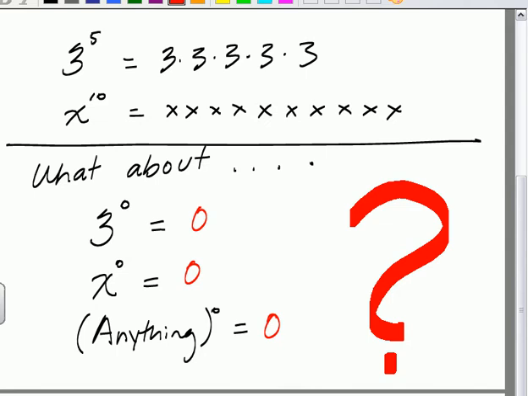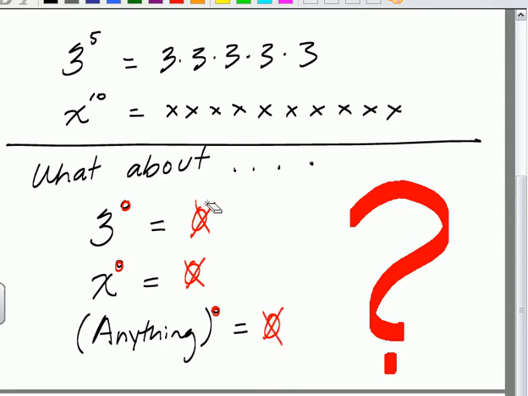Surprise! It's not 0. I'm taking a whole video to talk about this because the answer is not what you expect. So just remember, when you have 0 as an exponent, it's not 0.